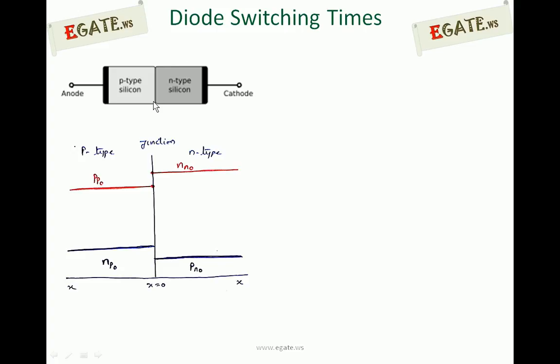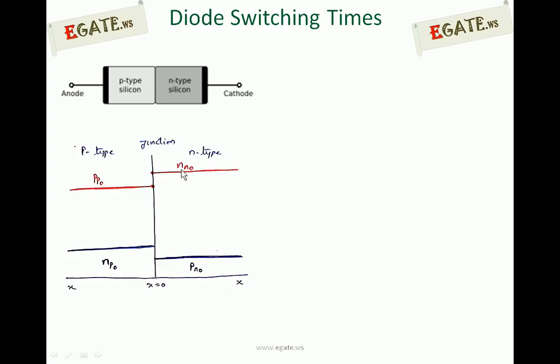This is the junction. Here we neglected the depletion layer width, so we have drawn a vertical line, and left of this vertical line is p type, right of this vertical line is n type. For p type, majority carriers are holes, so it is indicated as pp naught, holes in p type under equilibrium; naught implies equilibrium.